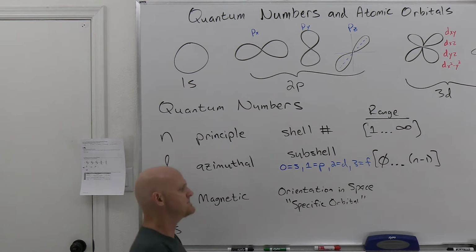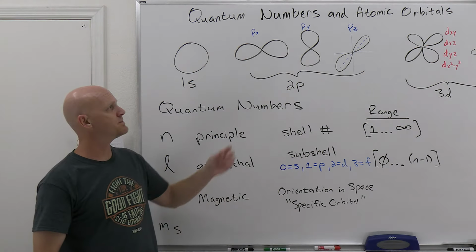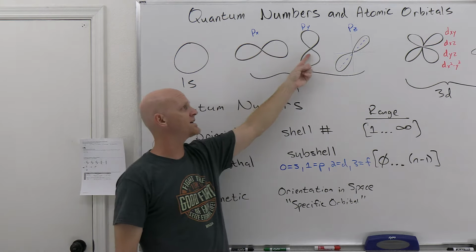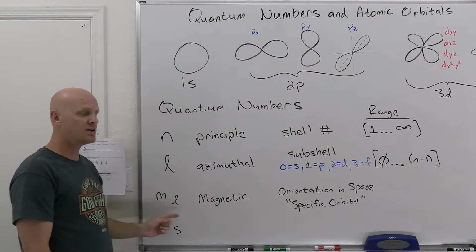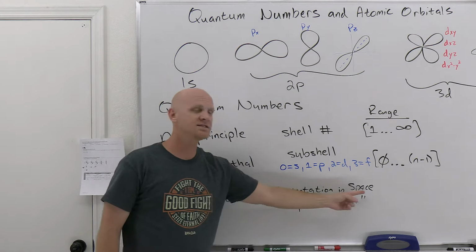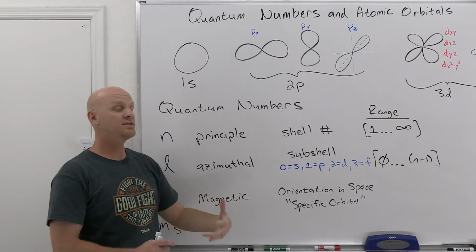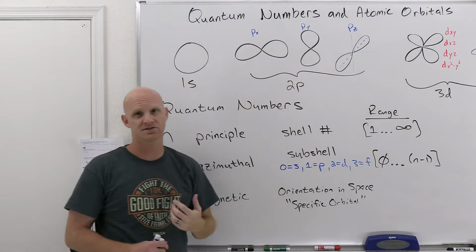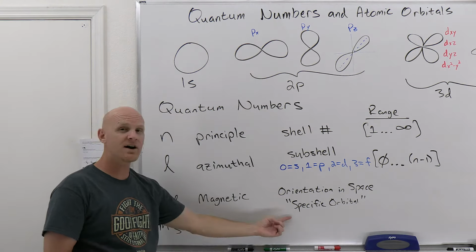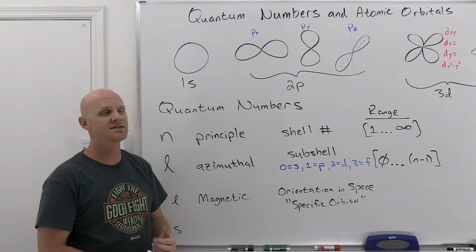And so these mean the same thing technically. Like if you look at the three different p orbitals, one's on the x-axis, one's on the y-axis, one's on the z-axis. So when we say that the magnetic quantum number m sub l specifies the orientation in space, it's going to tell you if a p orbital is on the x-axis, on the y-axis, or on the z-axis. In that way, it's specifying an individual orbital in that subshell.